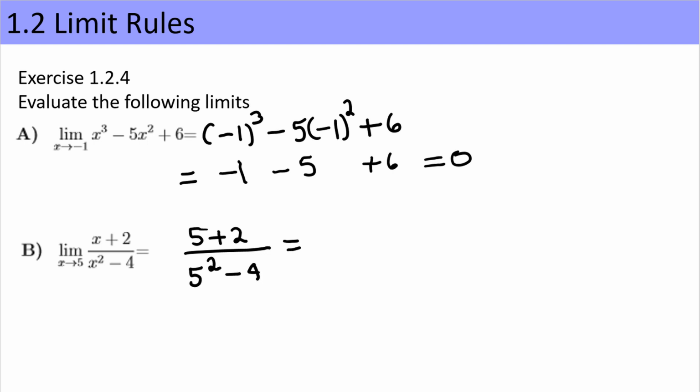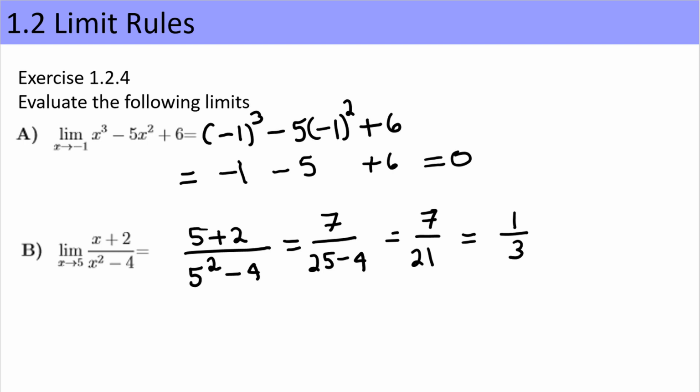The numerator, 5 plus 2, is 7. The denominator is 25 minus 4, because 5 squared is 25. Let's simplify some more. 7 divided by 25 minus 4, which is 21, simplifies to 1/3.